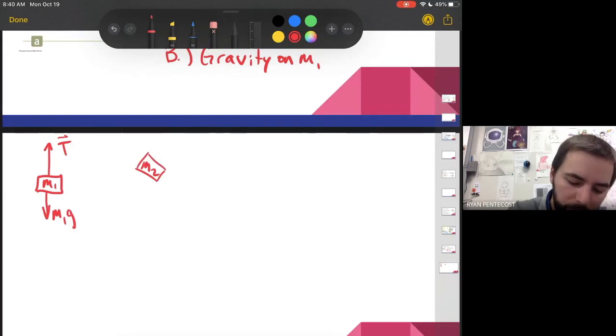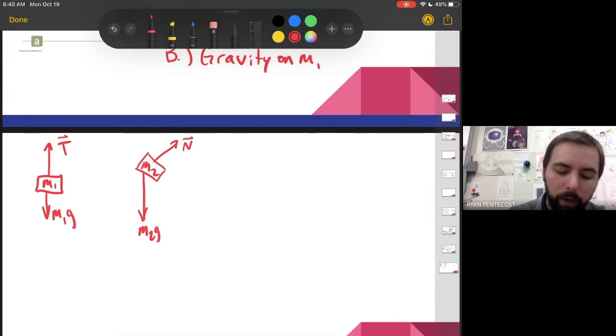Now we have M2G. Then we have a normal force coming off the incline at an angle, because the contact is at an angle. It is not pushing directly up. And then we have the tension pulling us back, right?